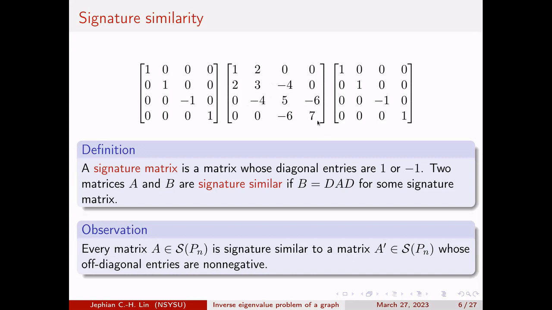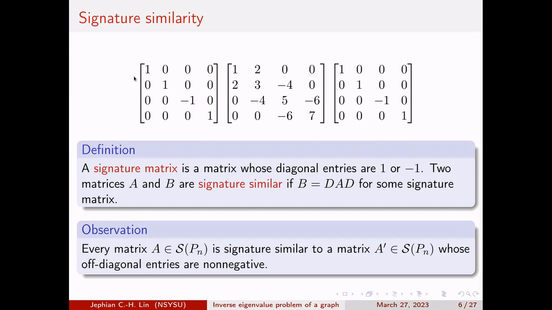We did not emphasize what the values are; we only know they are non-zero, so they could be positive or negative. It turns out that whenever you have a matrix of this form, you can associate with it a diagonal 1, minus 1 matrix and use that to do a similarity. So I can find a matrix D, where D inverse is itself, such that the whole thing becomes positive on the off-diagonal.